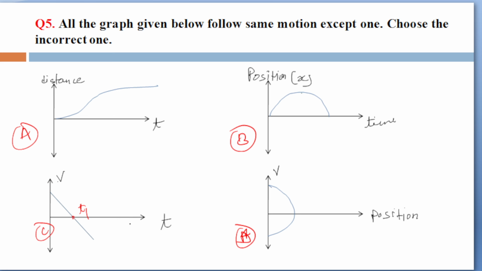So this one is correct, this one is also correct, this is also correct. And if we see the A option, here the distance varies with time, which is the variable. This looks like a car moving with different speeds, so it doesn't match the other three graphs. It is different from all the others.